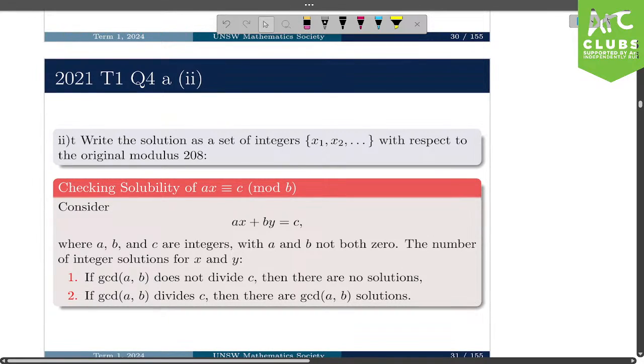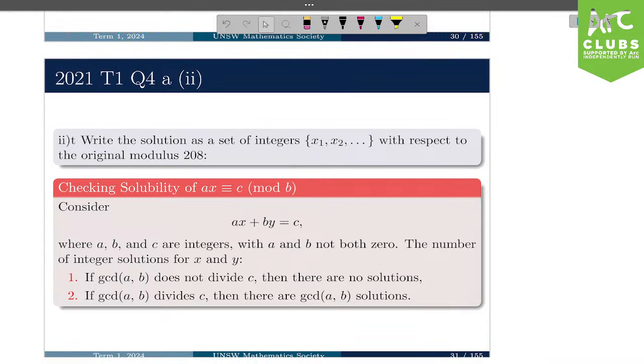Now we look to write the solutions as a set of integers with respect to the original modulus. To check if there are solutions and how many there are, there's this little lemma, checking solubility. We consider ax plus by equals c for integers a, b, and c, where a and b are both non-zero.